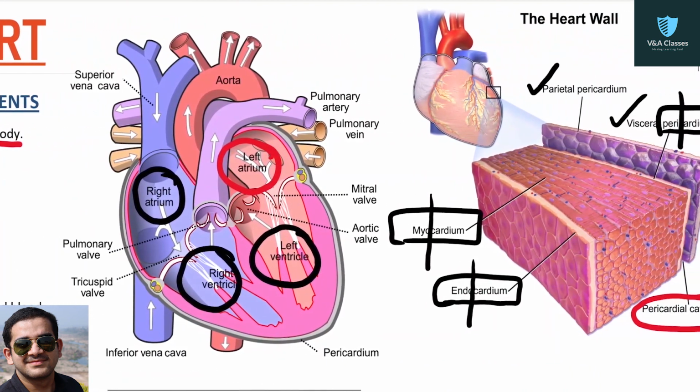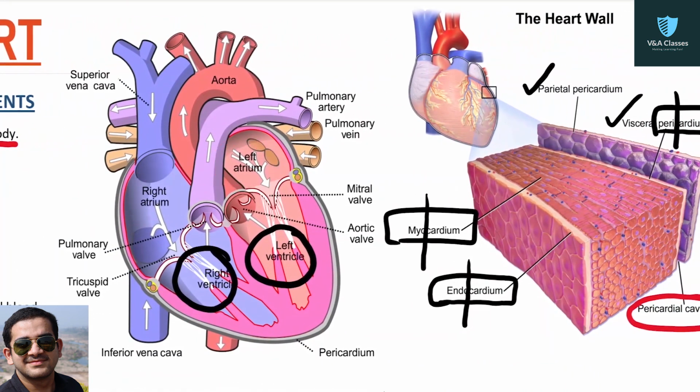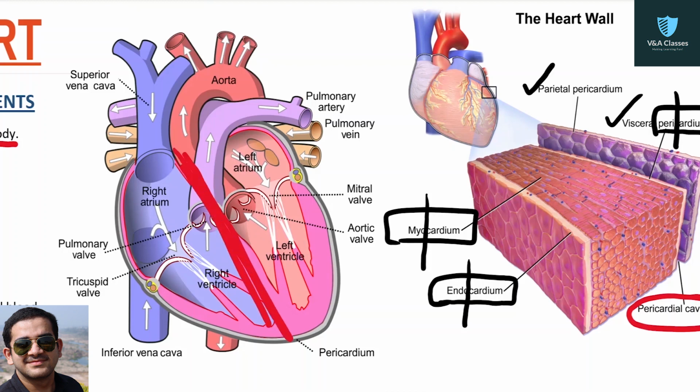If we look at this diagram, we can clearly see that there is a septum, which separates the left and the right part of the human heart. The left part, which is red or pink in color, contains the oxygenated blood, whereas the right part, the right atrium and right ventricle, contains the deoxygenated blood. So there is no mixing of blood in the human heart.